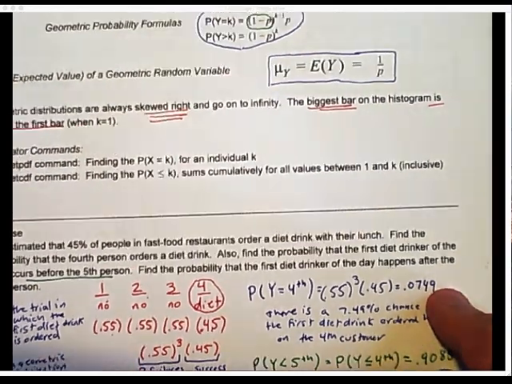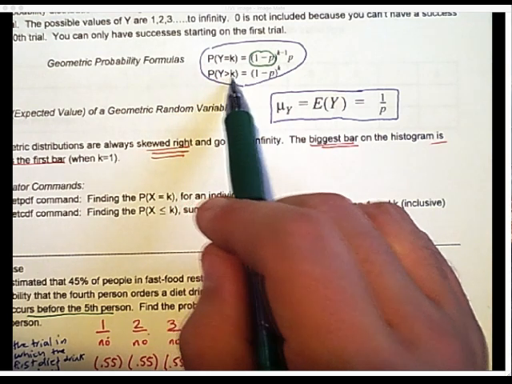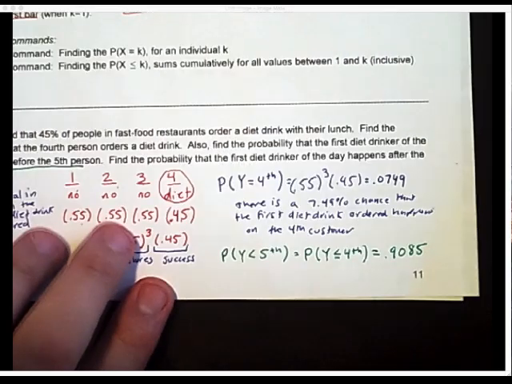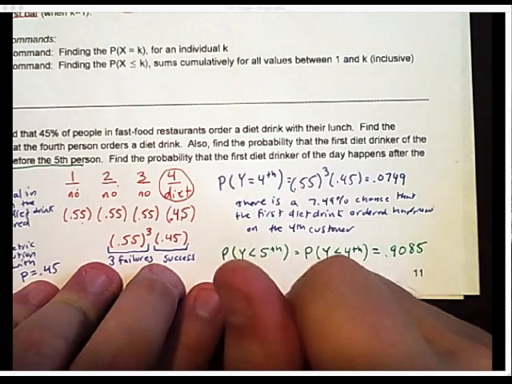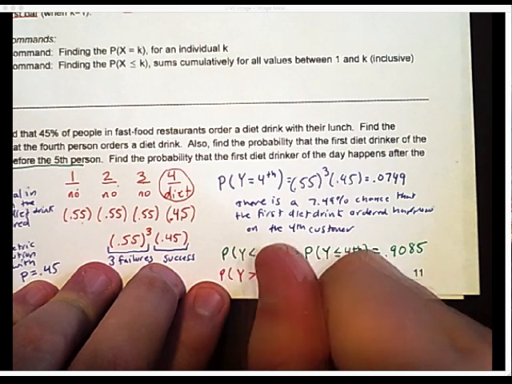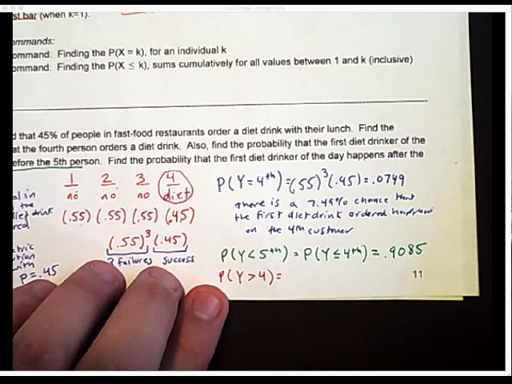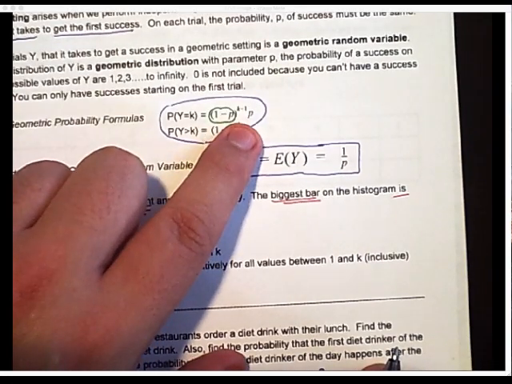Okay? Look at this formula up here. It says the probability that y is greater than k equals this. So coming back to that, if I wanted to find the probability that y is greater than 4, let's look at the formula. It says take the failure rate raised to that number.